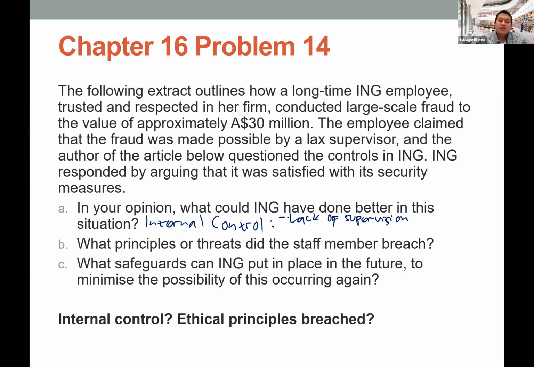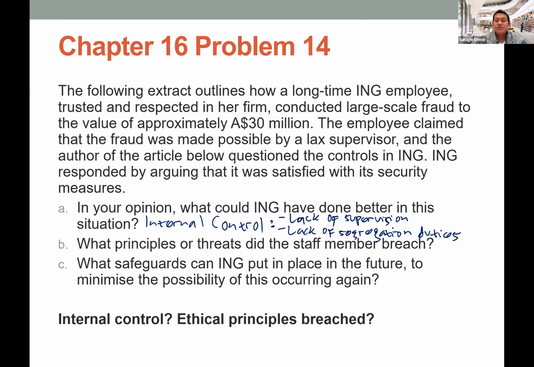We also see a lack of segregation of duties. This employee does the whole payment process, from receiving the invoice, processing the payment, and recording the payment in the journal entry. So it's quite easy for her to make the transaction look legitimate or even delete the transactions from the record.